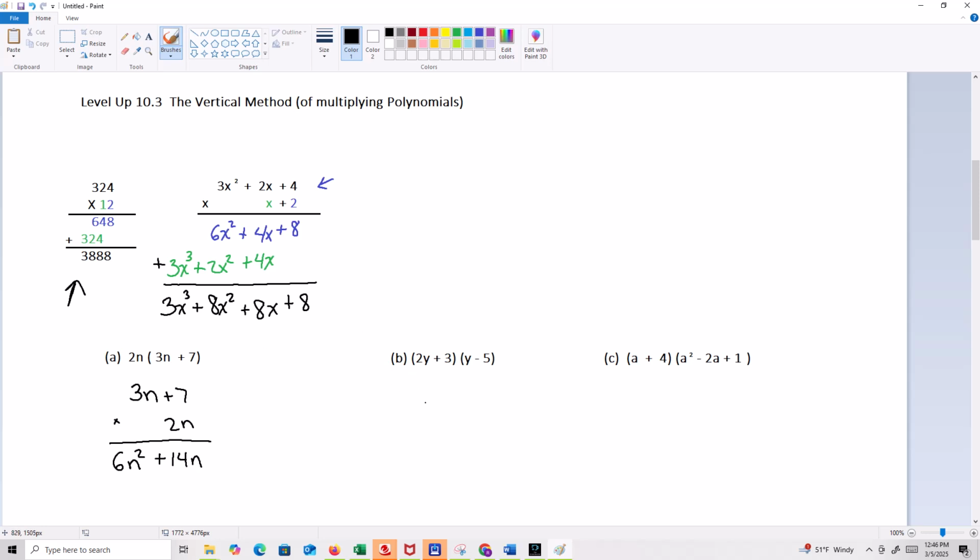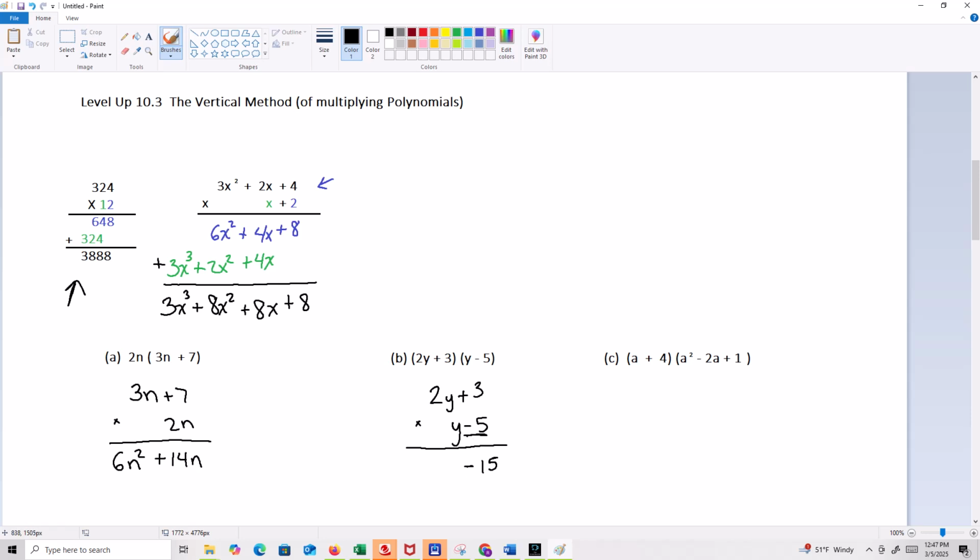All right, looking at example B, we would rewrite it to do the vertical method, 2y plus 3 times y minus 5. We multiply our rightmost term. Don't lose your sign. We have a negative 5 here. So negative 5 times a positive 3 is negative 15.